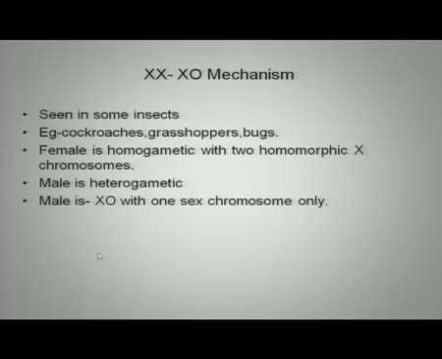Now we are moving to the second mechanism of sex determination, the XX and X0 mechanism. It is seen in some insects, for example, cockroaches, grasshoppers and bugs.